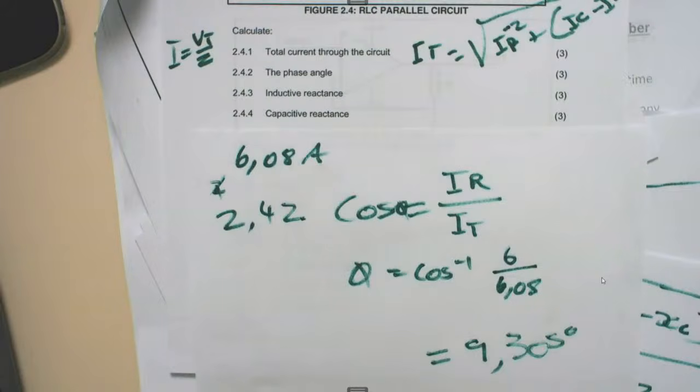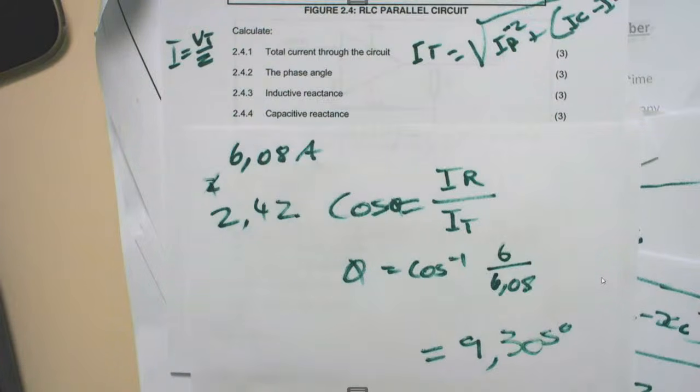So XL is equal to VT over IC. We are using IC here because it's parallel, and remember, in parallel the current is divided. In series the voltage is divided. So here you'll have three different currents. But if this circuit was in resonance, IL was going to be equal to IC.